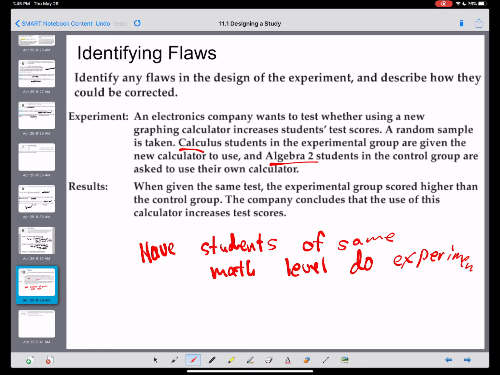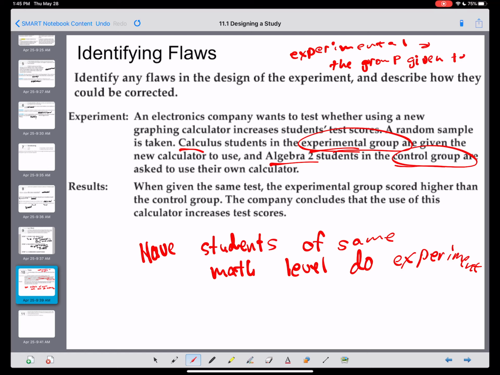Another thing I want to point out in here is it says experimental group and then it says control. Okay, experimental group is the group that you're actually giving the medicine to or testing the new product on. So the group given the tested thing. Control is the group given nothing.